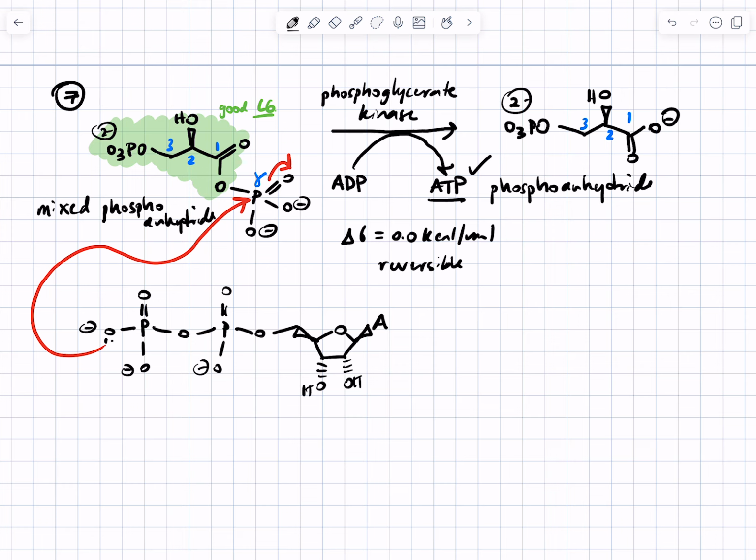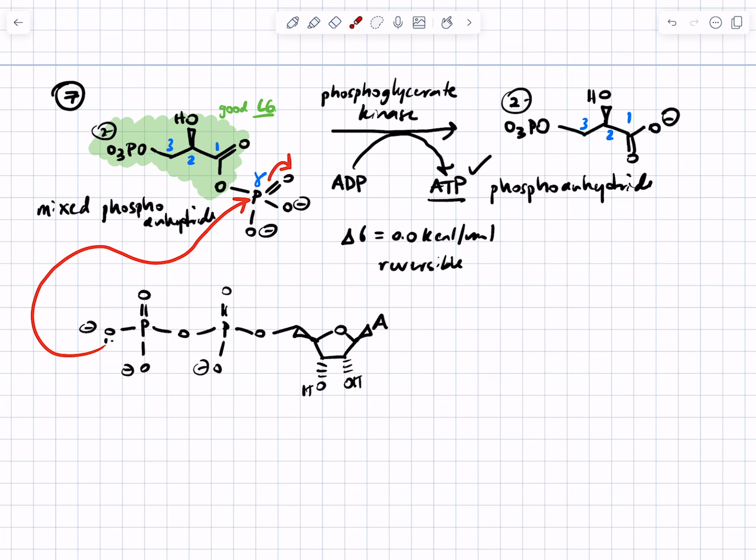And this is an interesting name because it's actually named for the reverse reaction. Remember, kinases transfer gamma phosphate groups. In the forward direction, though, ADP picks up the gamma phosphate from 1,3-bisphosphoglycerate.